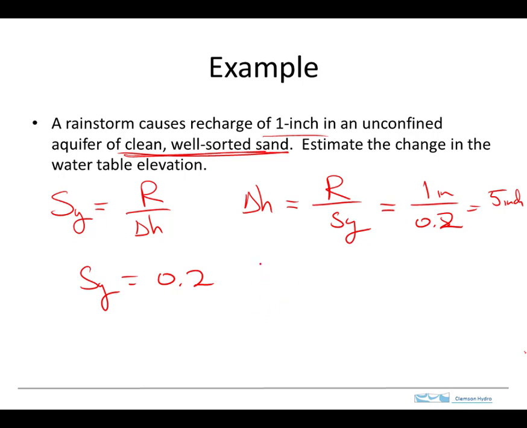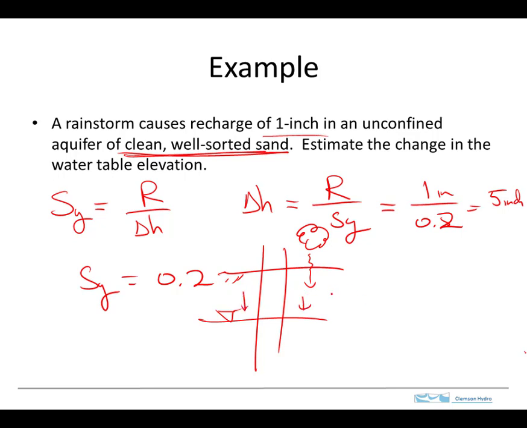Okay, so if we had a well like this, here's the ground surface, it rains, we got recharge reaching the water table, recharge of 1 inch, and that's going to be 1 inch cubed per 1 inch squared.